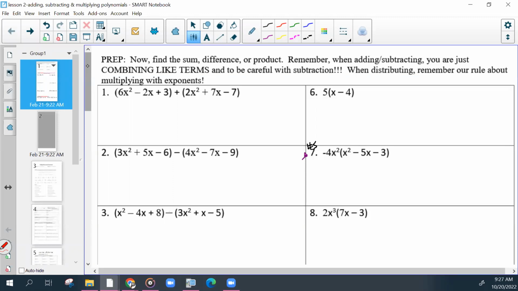So if you don't have this set of notes, anyone else need this set of notes?